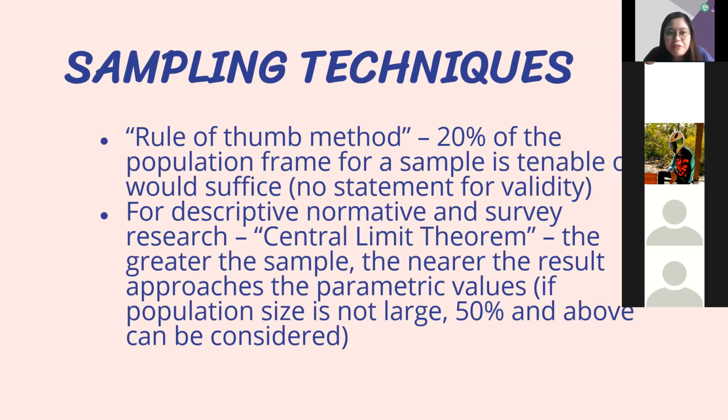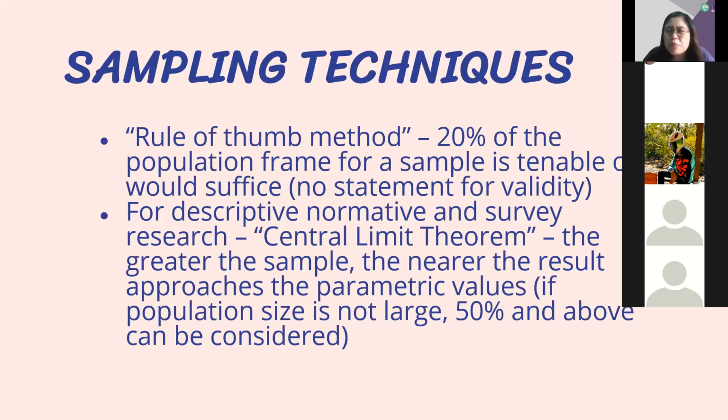Okay? Now, for descriptive, normative, and survey research, those who will be doing survey, may mga questionnaire. Take note of this. The greater the sample, the nearer the result approaches the parametric values. So, what do we really want here? If you want to conduct quota sampling, we have to make sure na we have more samples.